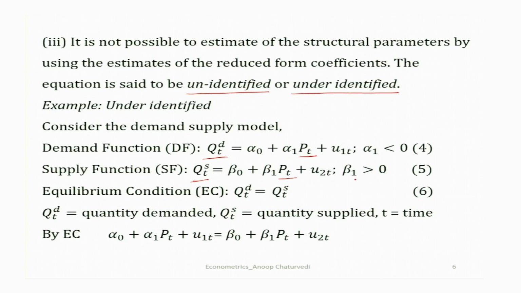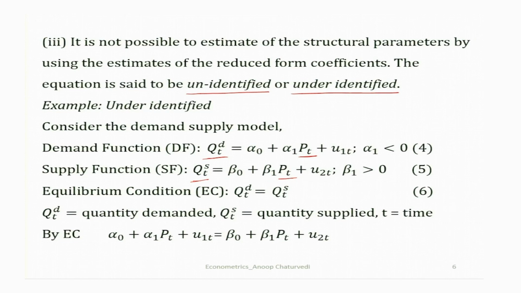On the other hand, we are taking beta 1 greater than 0. So, as price increases, the supply increases, because the supplier gets more profit if the price increases.